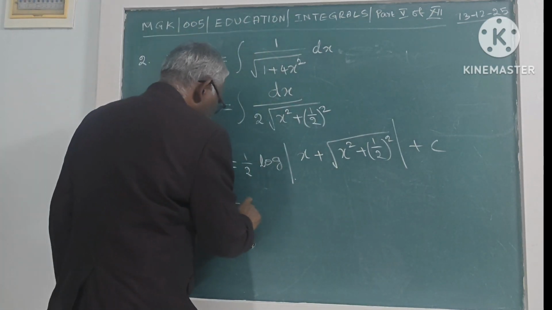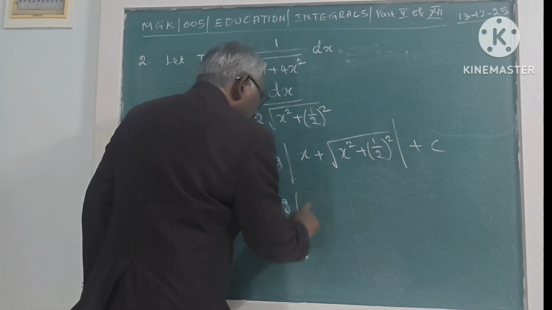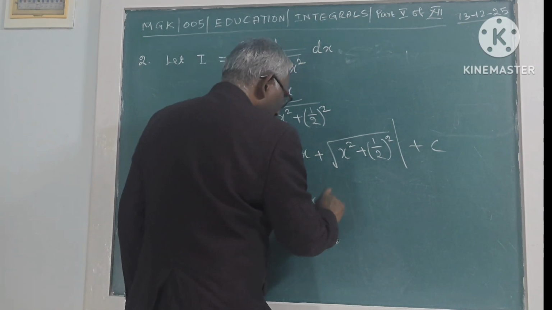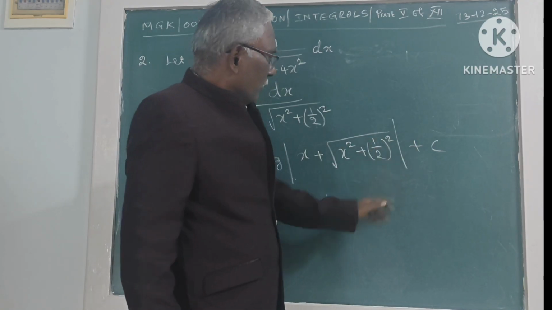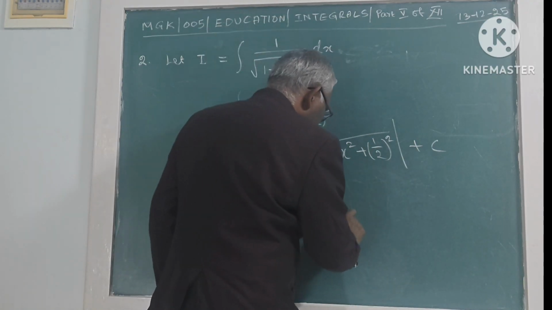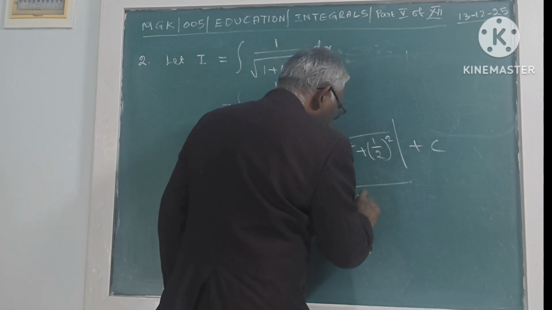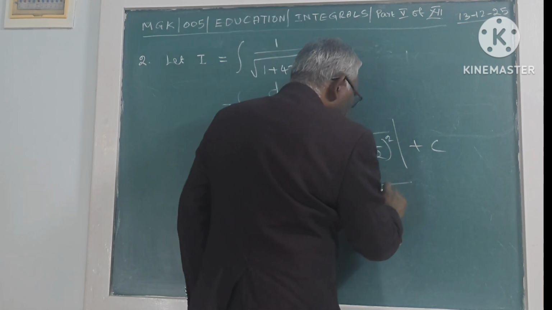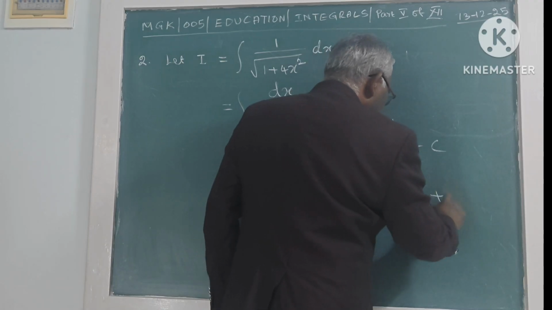Now you can simplify this as 1 by 2 times log x plus this becomes 1 by 4. So you can simplify this as 1 by 4. So 4x square plus 1 by 4 plus constant.